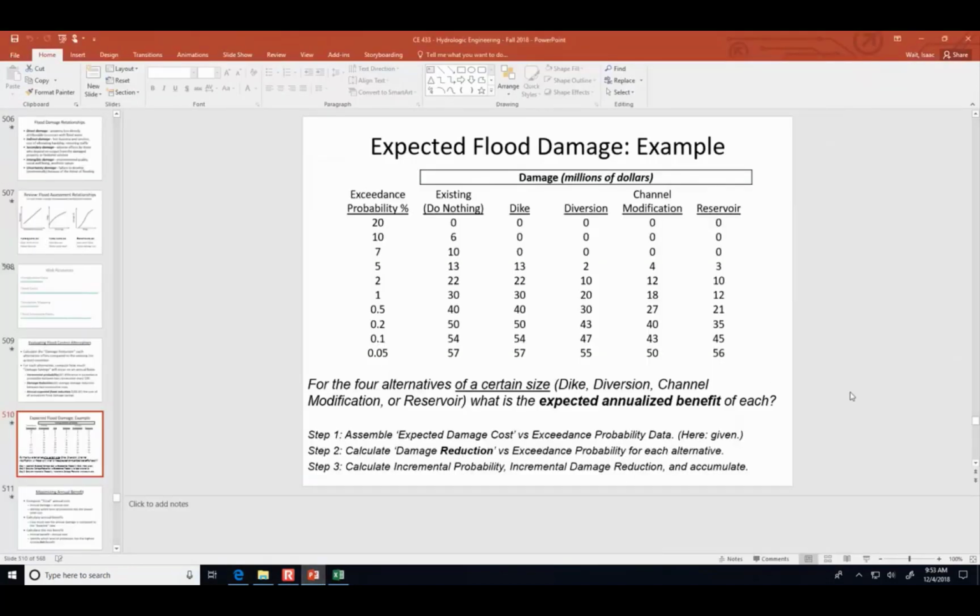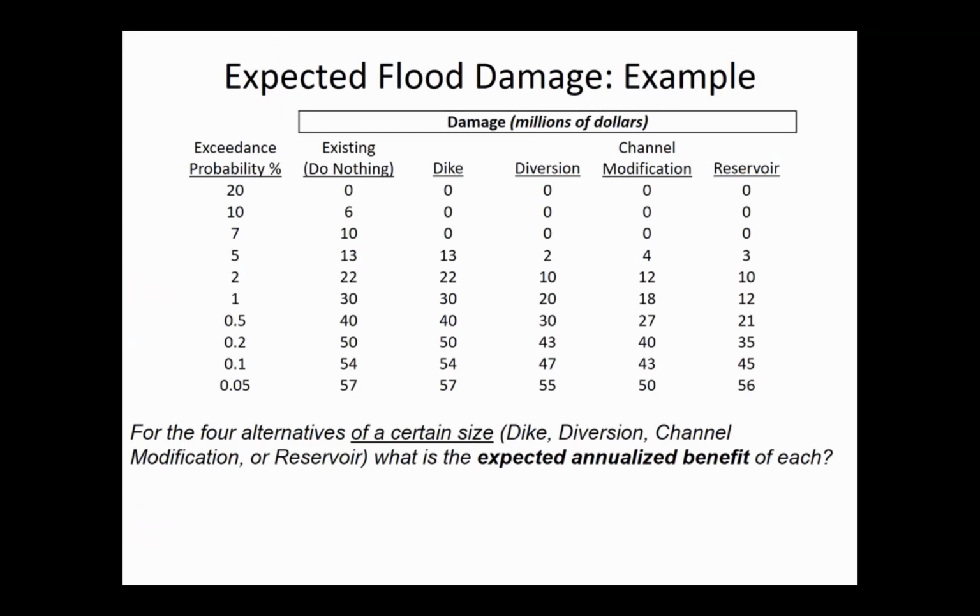So let's look at the data that we're given to begin this example. We have exceedance probabilities which correspond to storms of different sizes. For example, a 20% exceedance probability goes along with the 5-year storm, because that means in any given year there's a 20% chance that you'll experience the 5-year storm.